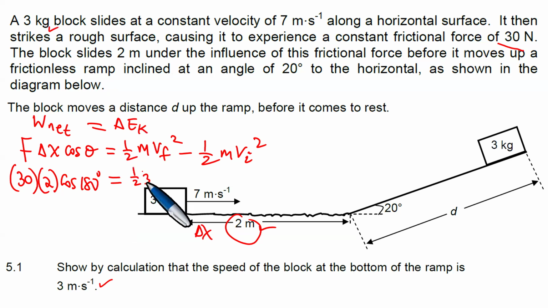So you have 3 kilograms, V final squared minus half the mass of 3 kilograms. The initial velocity has just been 7 meters per second right away. Now, cosine 180 degrees is actually -1, and 30 by 2 is 60. Minus 60.